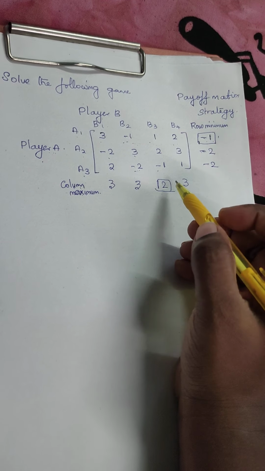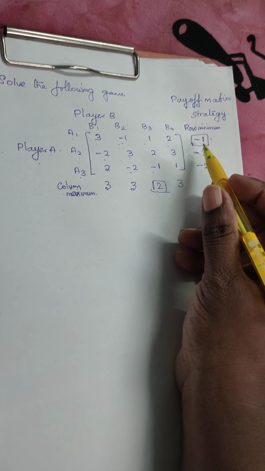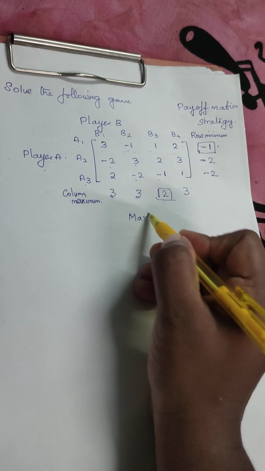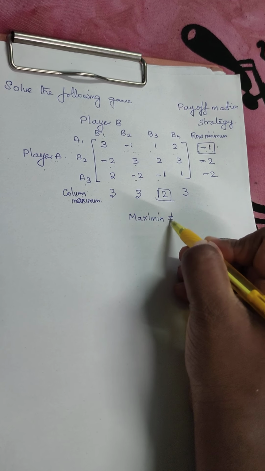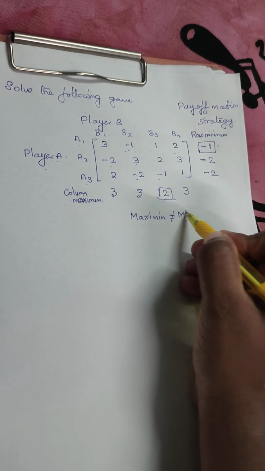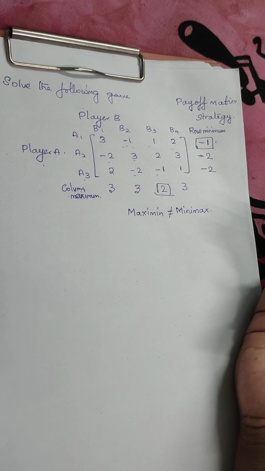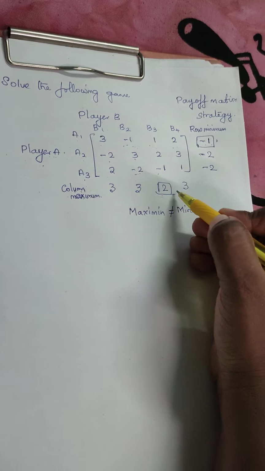So here if you notice, these two are not equal, right? So the maximin value is not equal to the minimax value. Most of us will get confused.